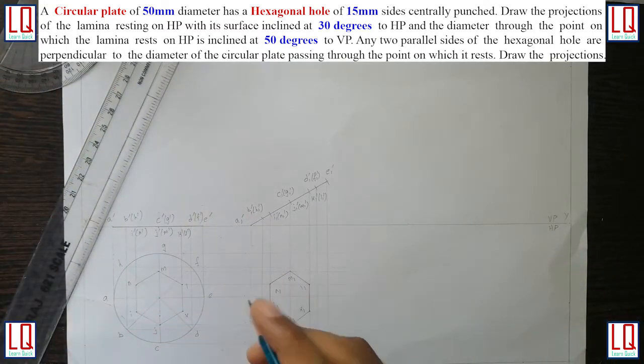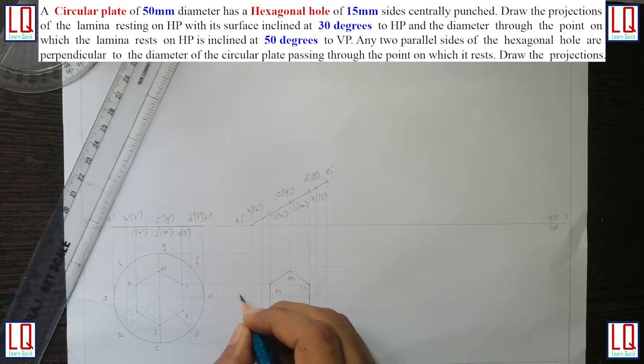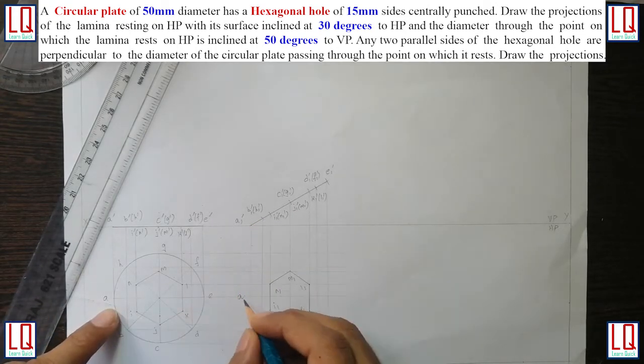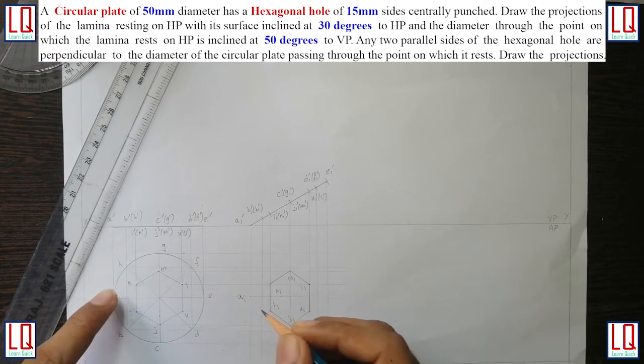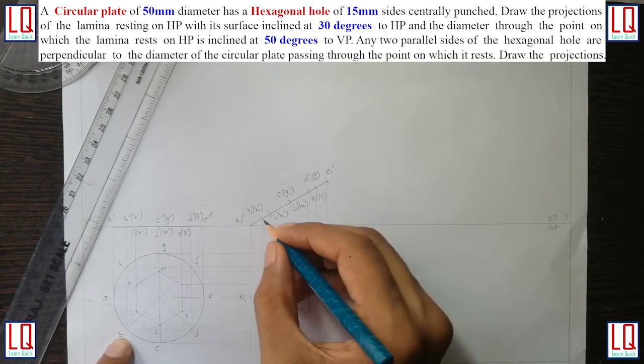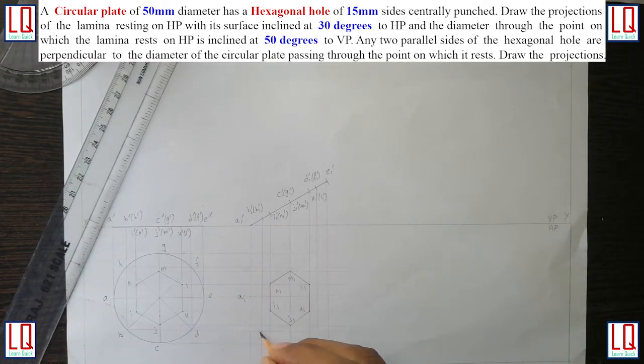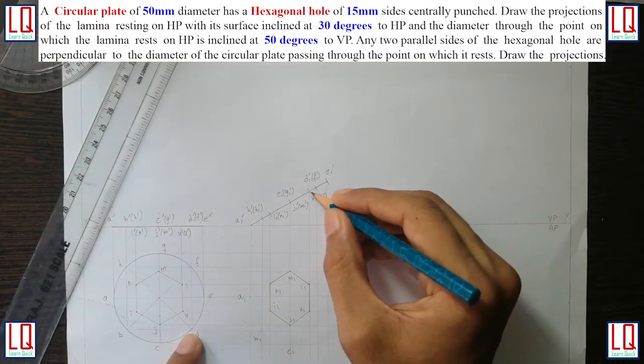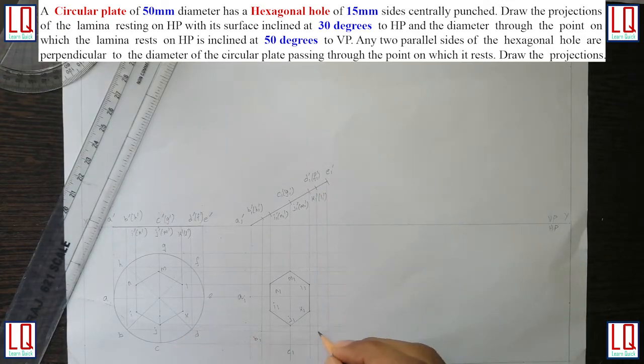Similarly, mark all the points of the circle. A and A1 dash meets here. It's A1. B and B1 dash meets here. It's B1. C and C1 dash meets here. It's C1. D and D1 dash meets here. It's D1.